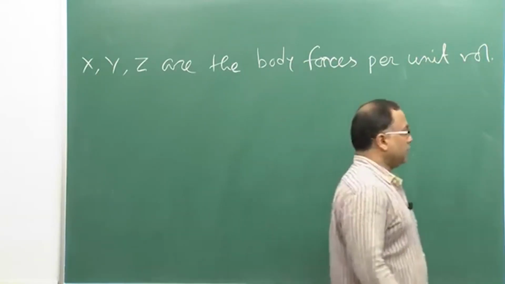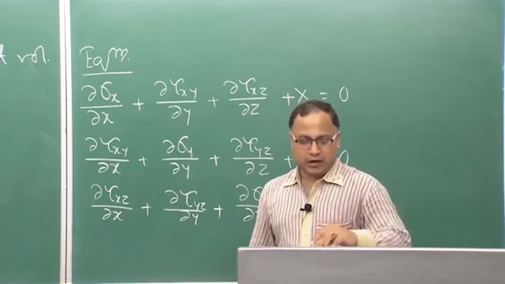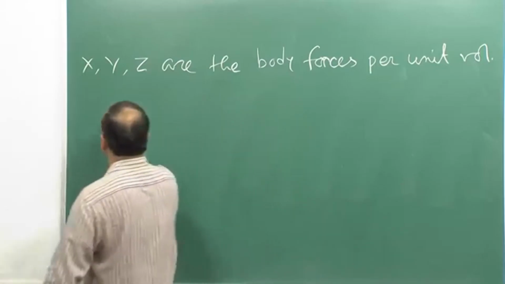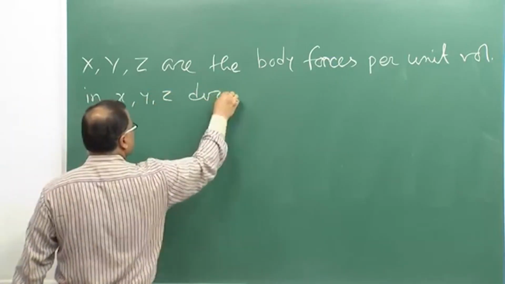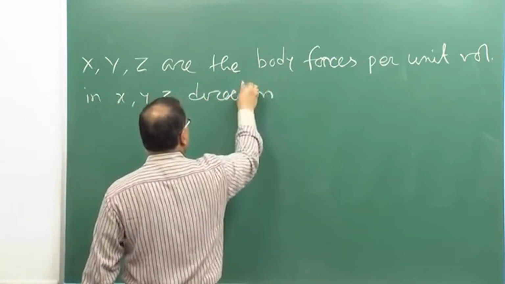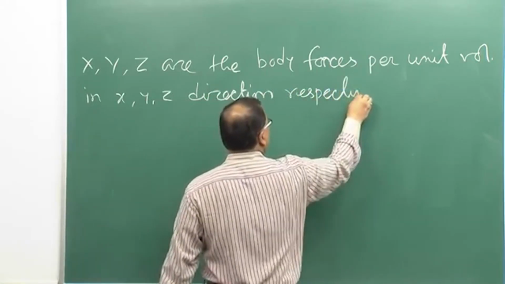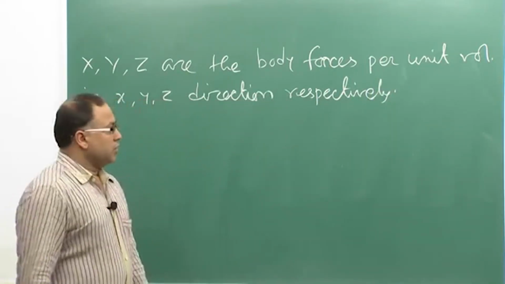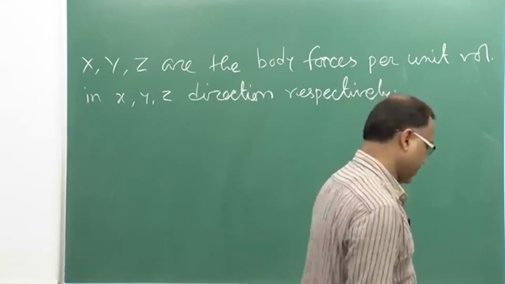Okay. These are the body forces per unit volume, of course in x, y, z direction respectively. Okay. So, these three equations are required for your equilibrium condition.